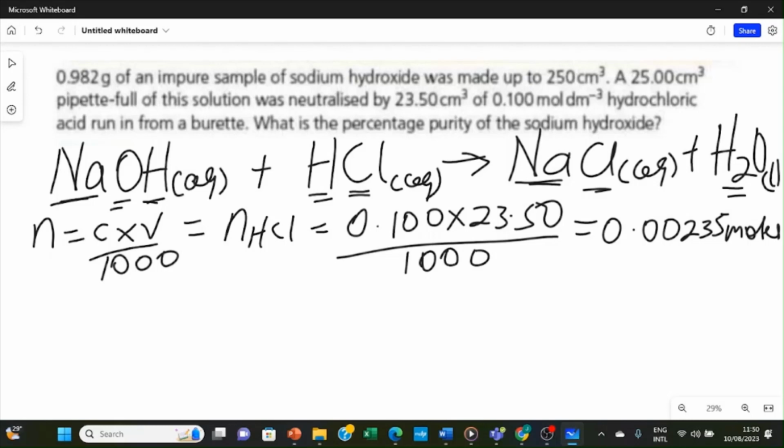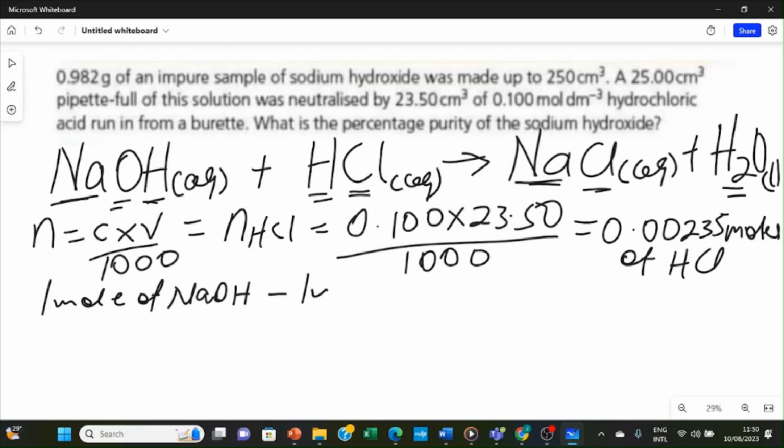Then we'll now go back to the equation. 1 mole of sodium hydroxide reacts with 1 mole of hydrochloric acid. We have 0.00235 moles of hydrochloric acid. So from the equation, 1 mole of sodium hydroxide reacts with 1 mole of HCl.